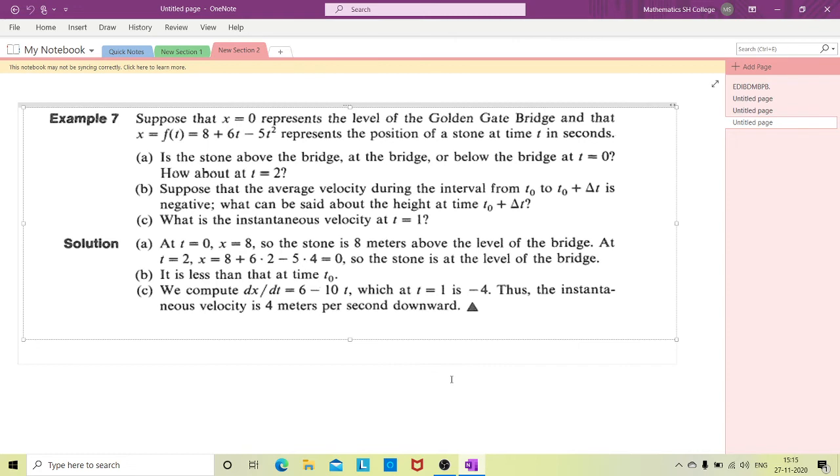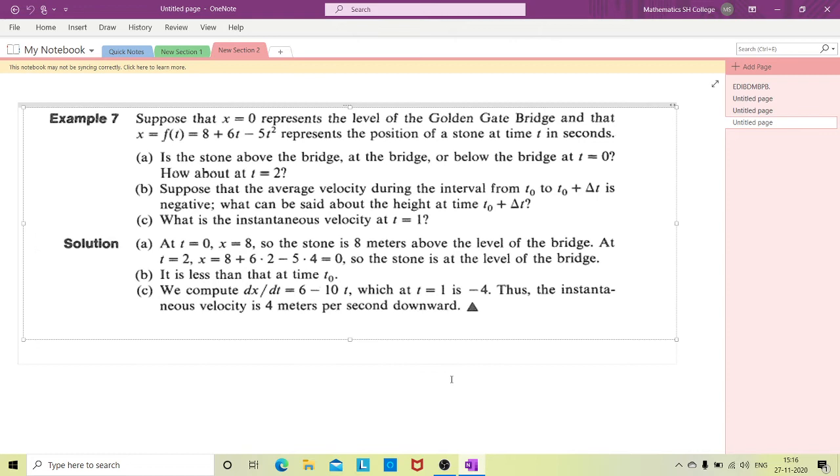How about t equal to 2? B. Suppose that the average velocity during the interval from t0 to t0 plus delta t is negative. What can be said about the height at time t0 plus delta t? C. What is the instantaneous velocity at t equal to 1?